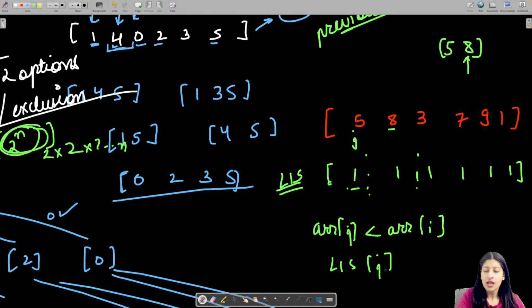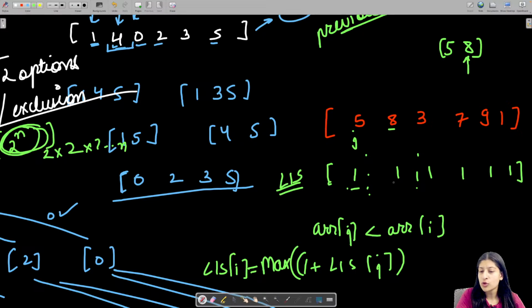I'll add 1 to it, 1 plus LIS of j, and that will be stored in LIS of i. But actually I have to calculate, is it the maximum of what was already stored? If so, I will add it. So I'll compare max of 1 plus LIS of j, comma, the original value at that index that was present. If it is greater, I'll be replacing it. So right now, this is what I have generated. Don't be confused. Once I do the dry run, you'll understand. So 8 is greater than 5.